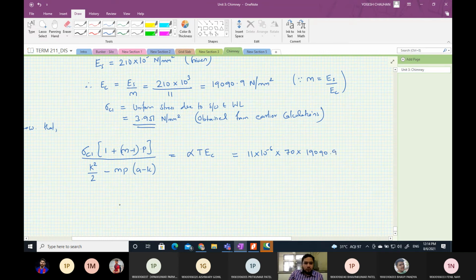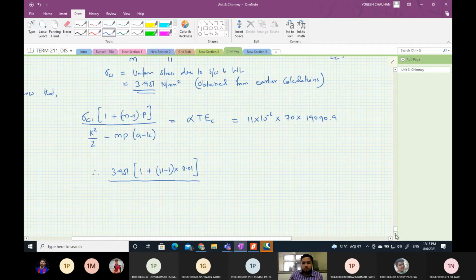Okay, so therefore sigma C1 is 3.951 multiplied by 1 plus 11 minus 1 times P, which is 0.01, whole divided by K square by 2 minus 11 into 0.01 multiplied by A, which is 0.875 minus K.